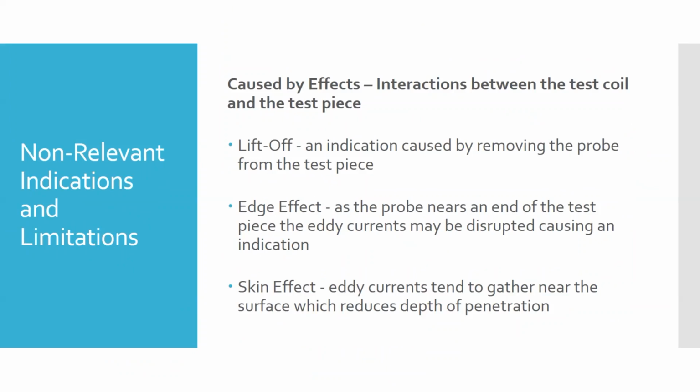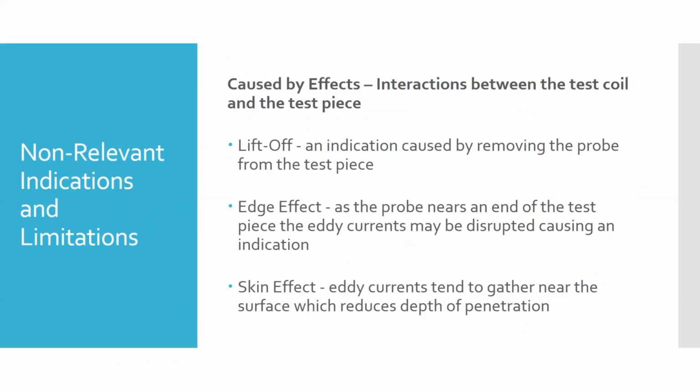We looked at what affects depth of penetration: frequency of the probe, conductivity of the material, how easy it is to magnetize the material, right? And the only one we can really control is the frequency. The material's conductivity is fixed by the material. Its ability to be magnetized or not be magnetized is fixed by the material.